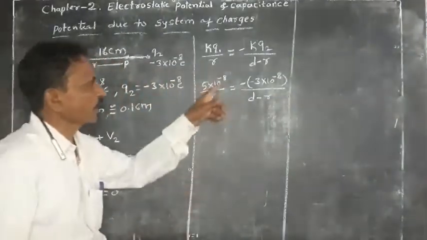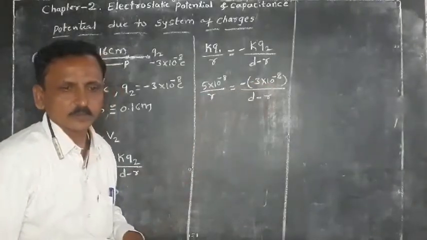Here 10 raised to minus 8, 10 raised to minus 8 get cancelled.